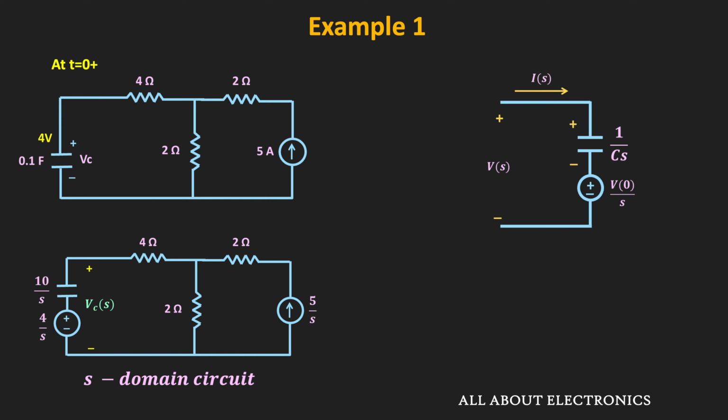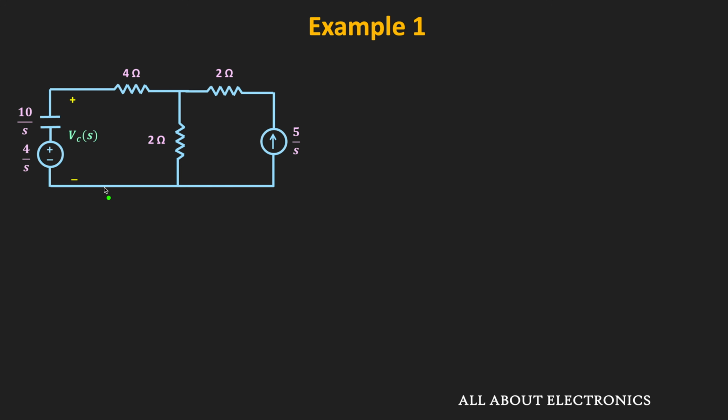So now to find this Vc of S, let us apply KVL in this loop. Let's say the currents in these two loops are I1(s) and I2(s) respectively. And while applying the KVL, just for our convenience, instead of I1(s) and I2(s), simply we will write only I1 and I2.